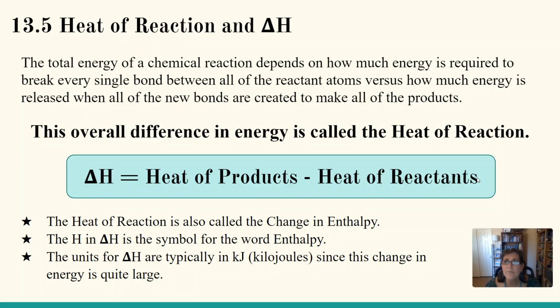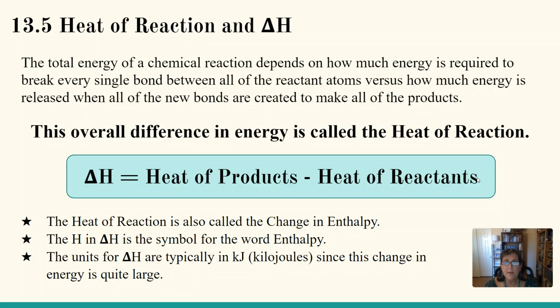It's the heat of the reaction or enthalpy. Enthalpy is what H means. So it's basically the heat of the products minus the heat of the reactants. Final minus initial. So the heat of reaction delta H can be called change in enthalpy, as I mentioned. The H in delta H is the symbol for the word enthalpy.